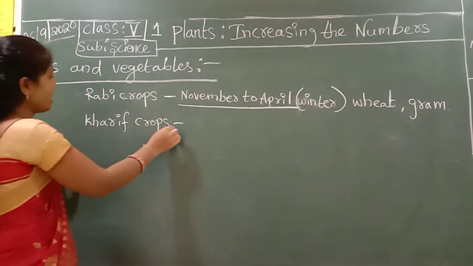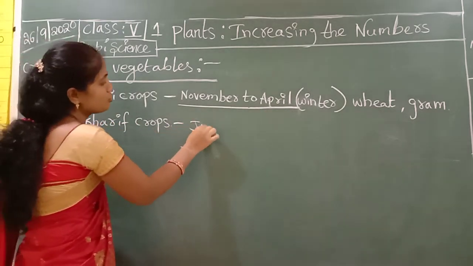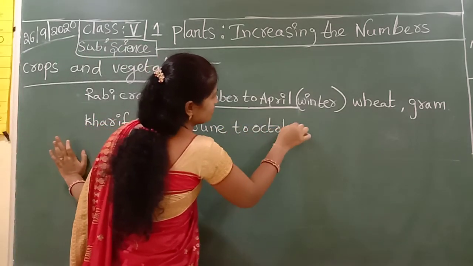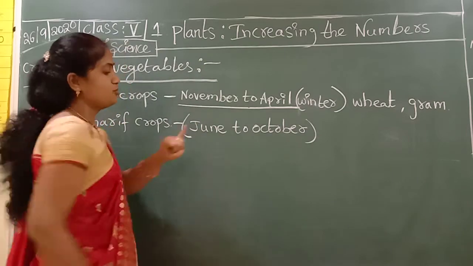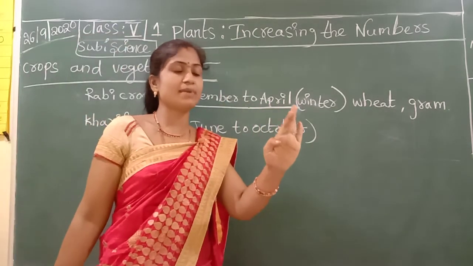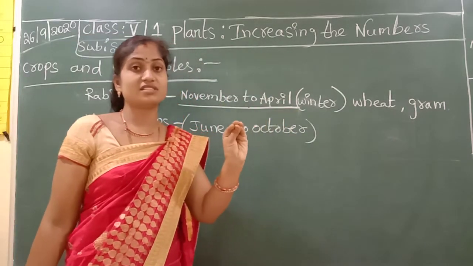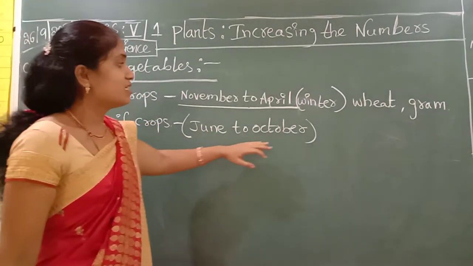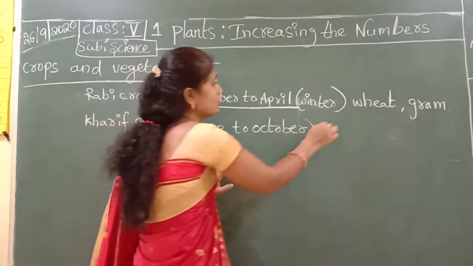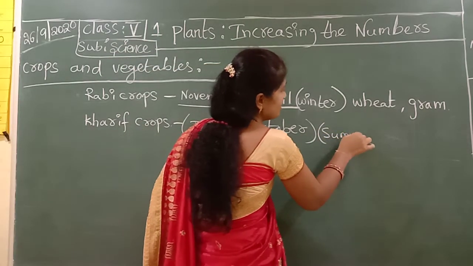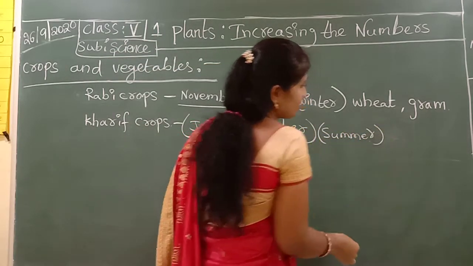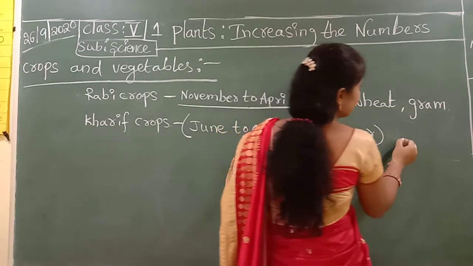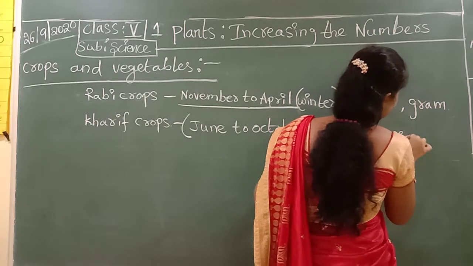Next, kharif crops: June to October. June, July, August, September, October. These 5 months they are cropping kharif. This is the summer season. So in summer, kharif crops are rice, maize, bajra, jowar.